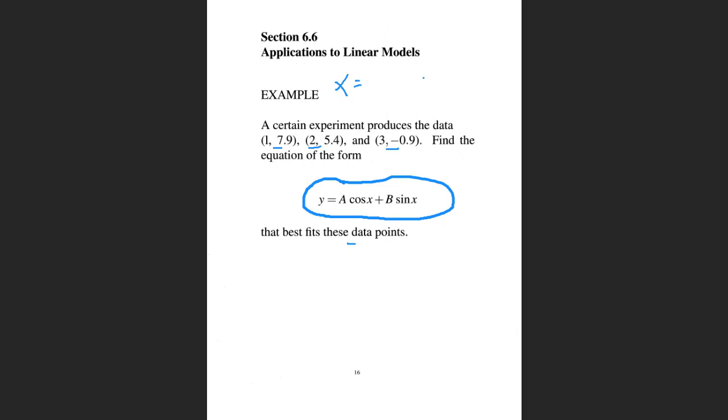What would the dimensions be of the design matrix? How many rows? That's right. 3 rows and 2 columns.